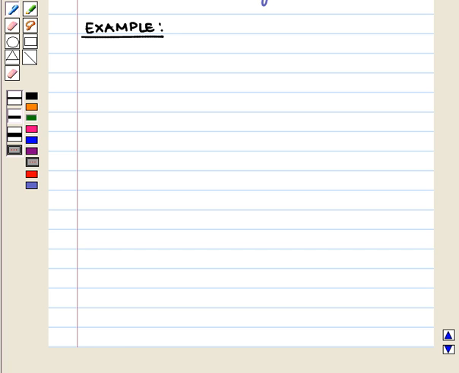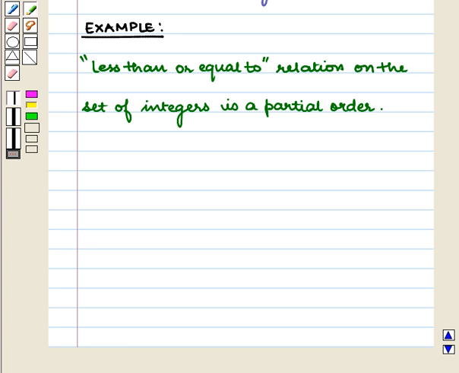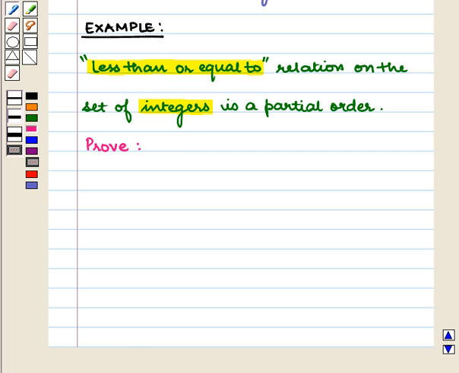Let us see the following example. The less than or equal to relation on the set of integers is a partial order. We have to prove that the ordered pair (Z, less than or equal to) is a poset.